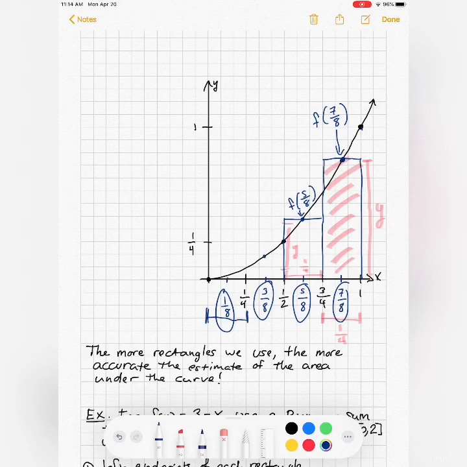There's the next rectangle. Okay. So once again, the base is 1/4. To get the y, I have to actually evaluate the function at that midpoint value, 3/8.